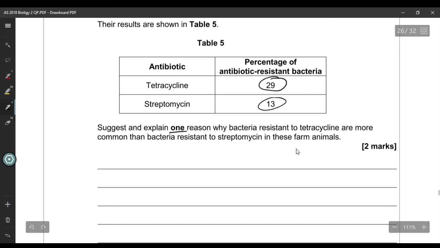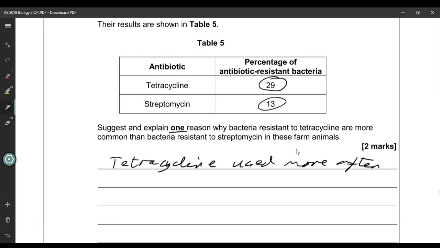So the reason for this, and you've come across this during your lessons, is that the antibiotic tetracycline is used much more often. So the resistant bacteria are more likely to pass on that allele for resistance to further generations.